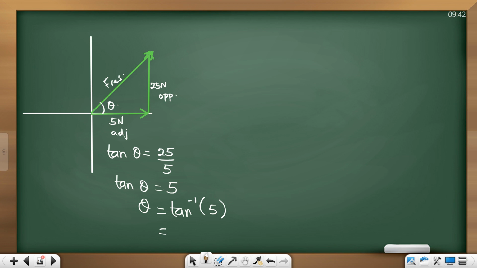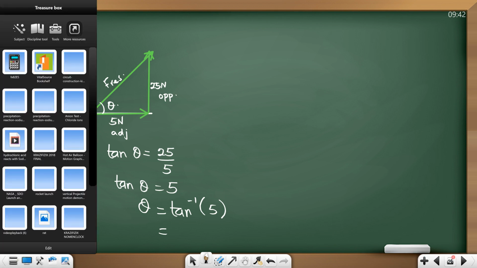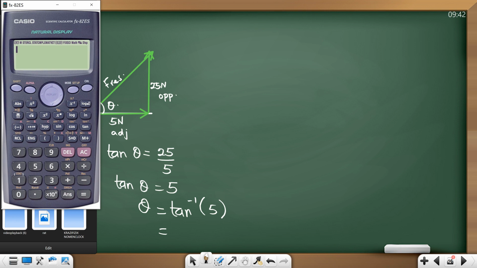That's why I said, please bring your maths in. Don't leave maths, saying you are going for physics. What do we do? We find shift tan of 5. And what's your answer? 78,69. And what's the unit?